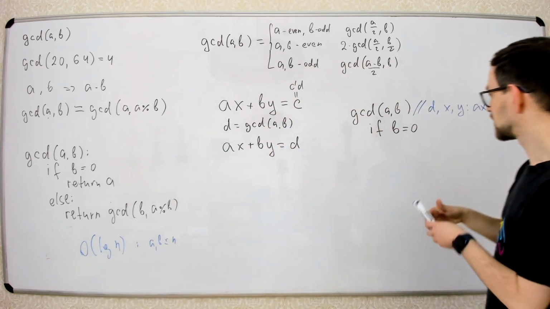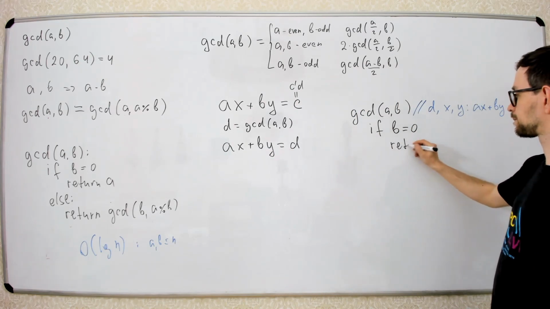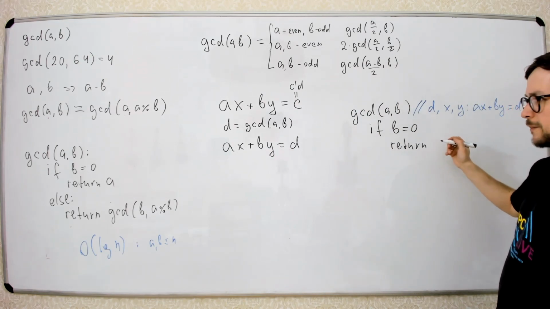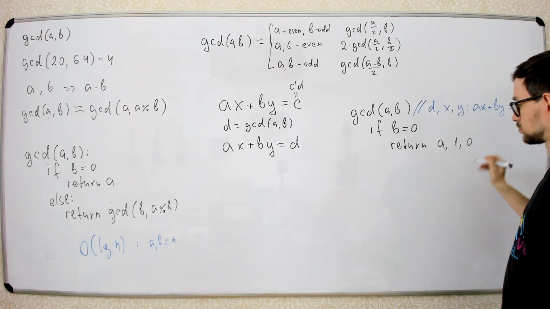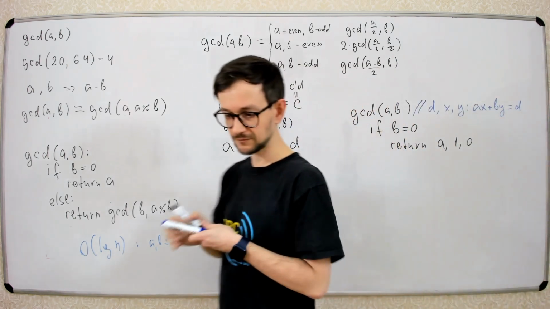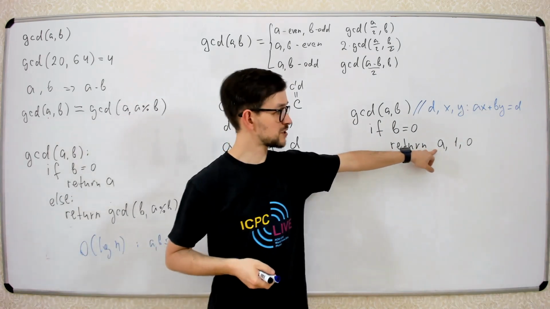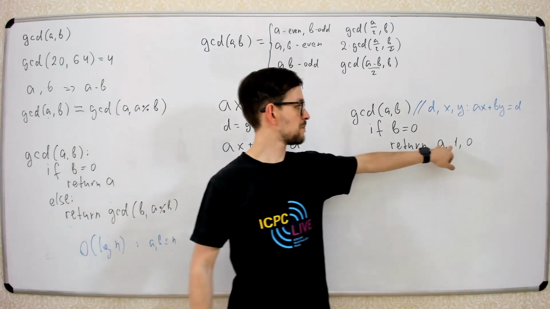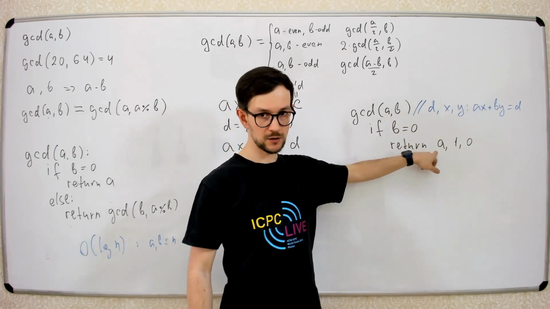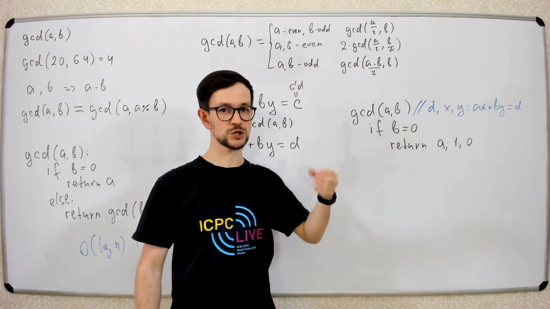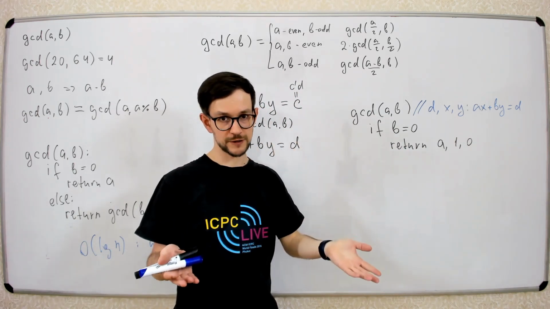So we can return a, 1 and 0. Again, greatest common divisor is a, and the combination of 1 multiplied by a plus 0 multiplied by b equals a. So it gives you a linear combination which is equal to the greatest common divisor.